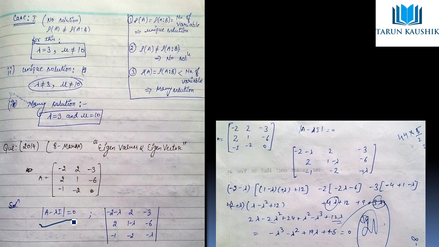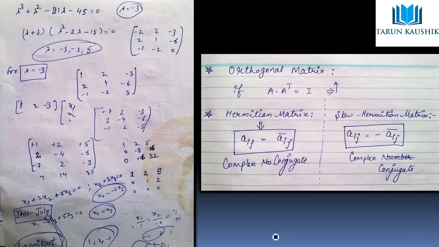A minus lambda I equal to 0, just using the basic characteristic equation formula, making the determinant in this form and calculating the determinant. After calculating, what you get, you will be getting here 21. Okay, this is not 19, this is 21. I have written 21. Okay, so just do the simple calculation.